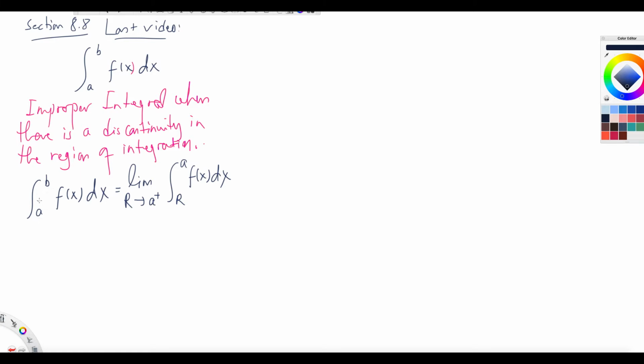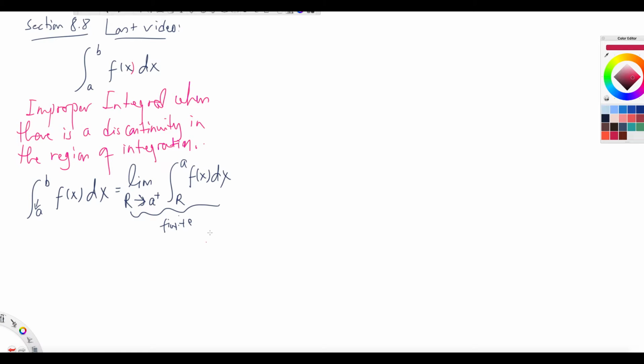That's why we are going to a from above, that is r tends to a plus. Okay, guys. So if this right hand side limit exists, if this value is finite, then we say that this limit converges, or this limit exists.